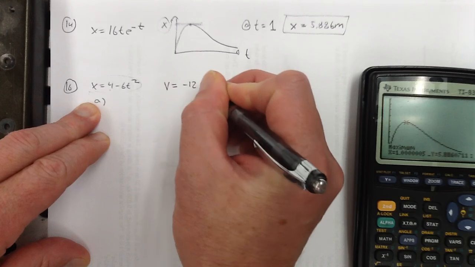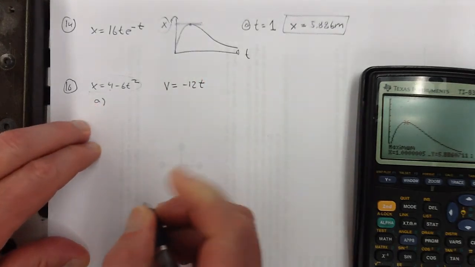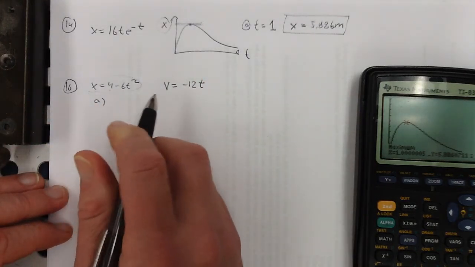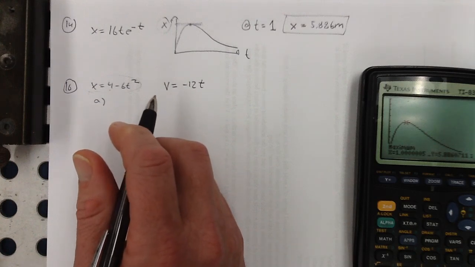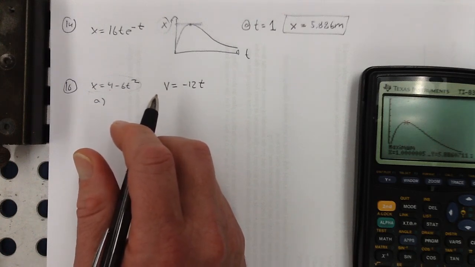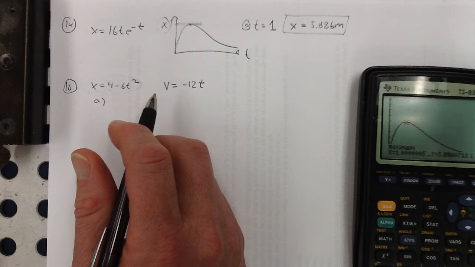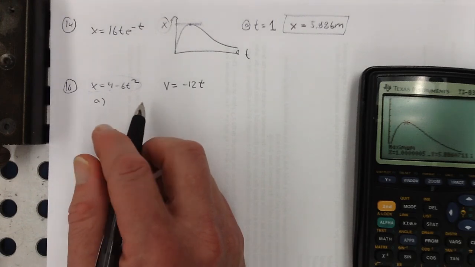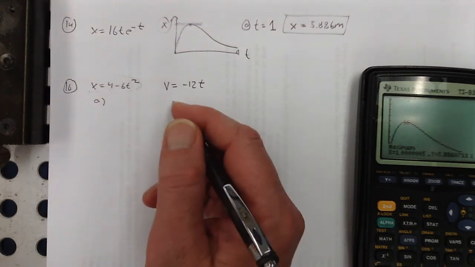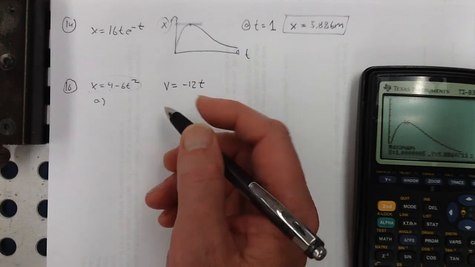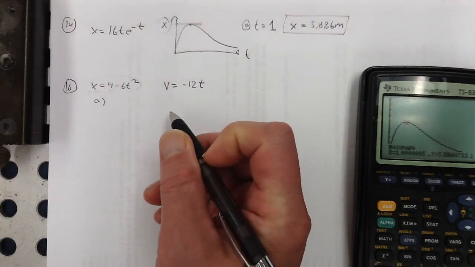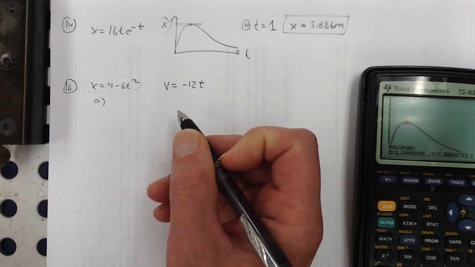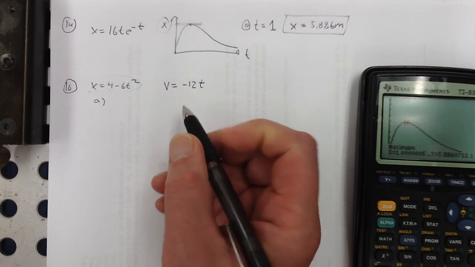If you're like, oh, wait, I think I get it now, then pause the video. Try this yourself. So at what time and where does the particle momentarily stop? For it to momentarily stop, that would have to be where the velocity is 0, right?